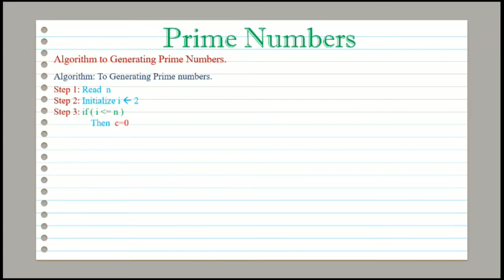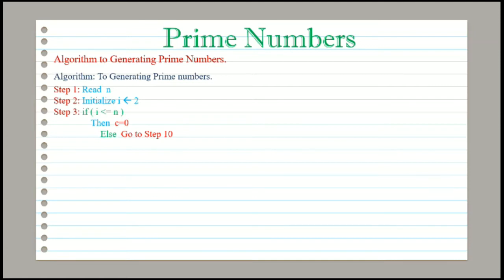And if the condition is false, then we will stop our algorithm. So basically we are comparing I with n to get the prime numbers up to n. So the statement will be else go to step 10.